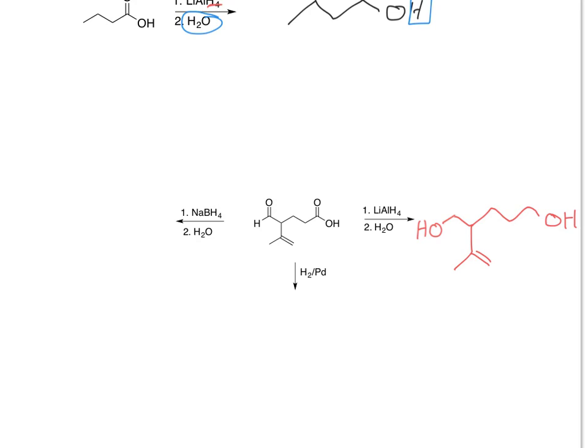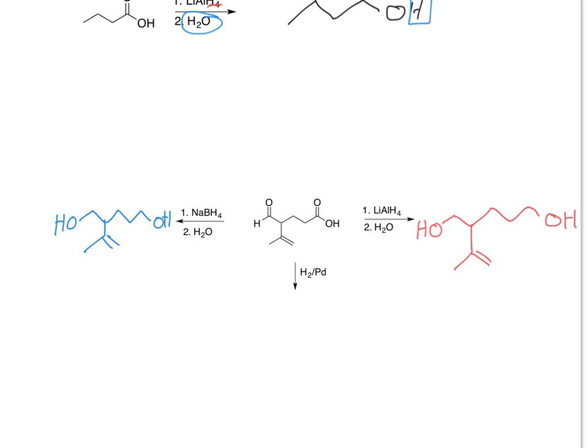Now sodium borohydride is weaker. It will leave the carboxylic acid alone and only reduce ketones and aldehydes. So let's draw this one. But it also leaves the alkene alone.